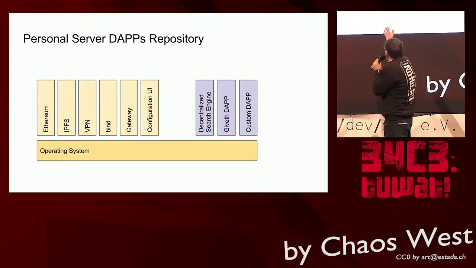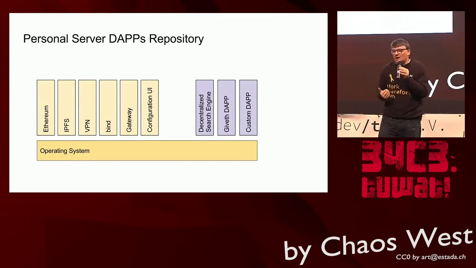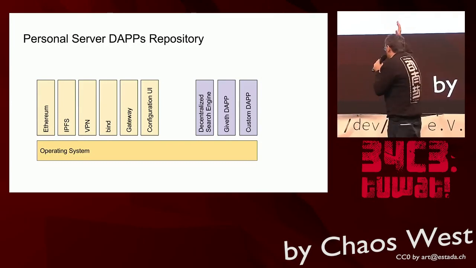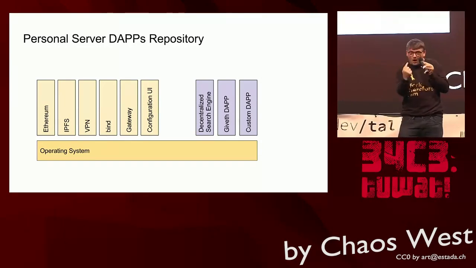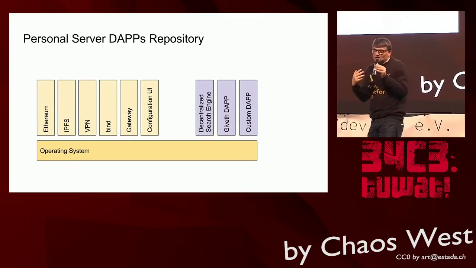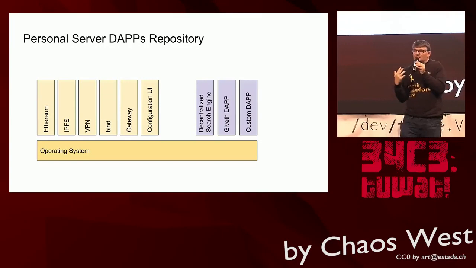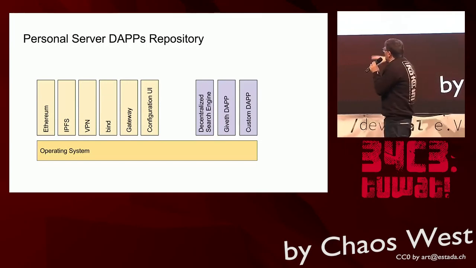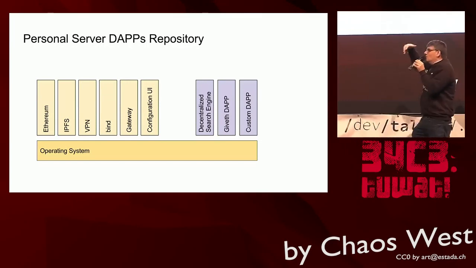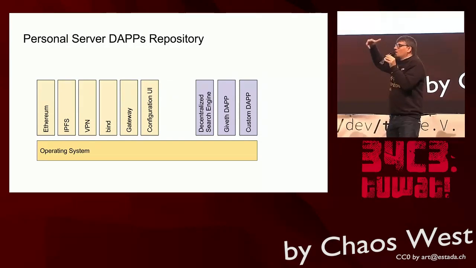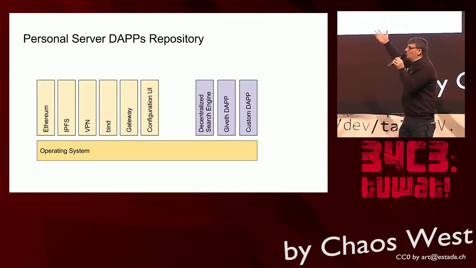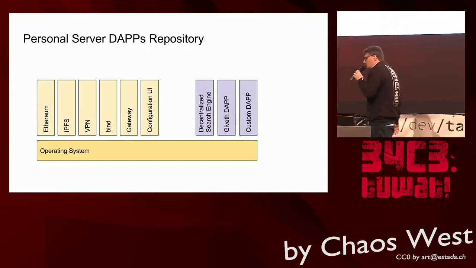Some examples of these applications could be a decentralized search engine, where the part that is always connecting and searching the net could run here. So here we have a full place where a lot of applications can grow on this server.